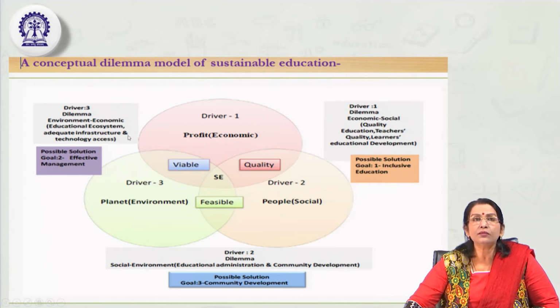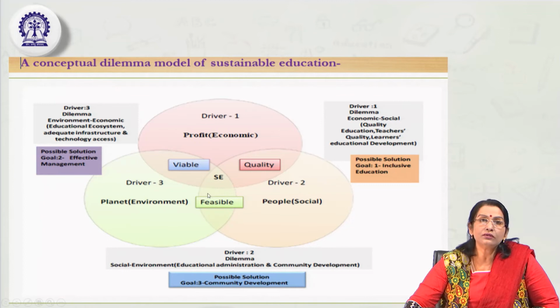When we talk about sustainable education, there are these three solutions: the first, inclusive education; the second, community development; and the third, effective management. When we can achieve these three things, that becomes the objective of sustainable education. This kind of model is the holistic, whole school, whole institution approach.